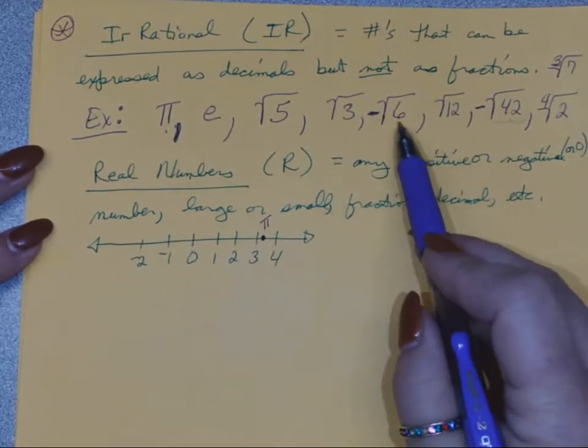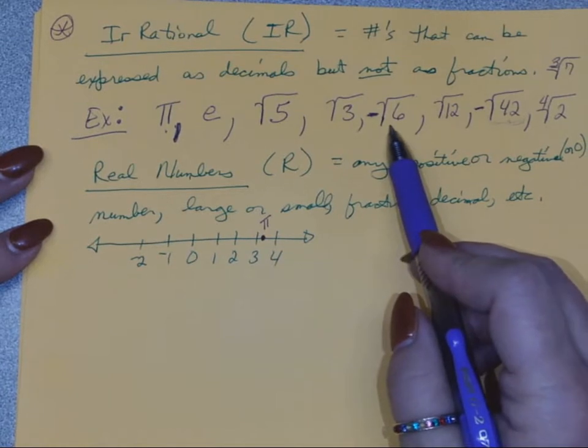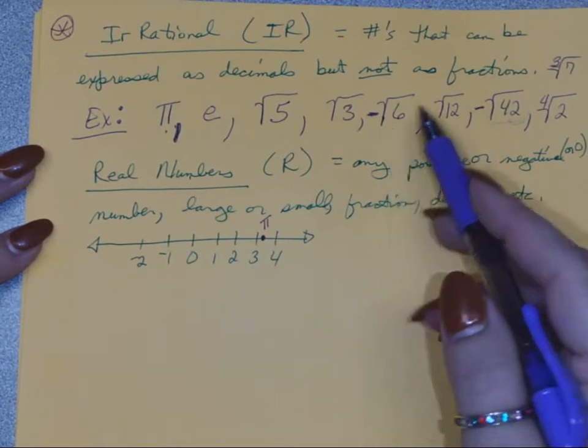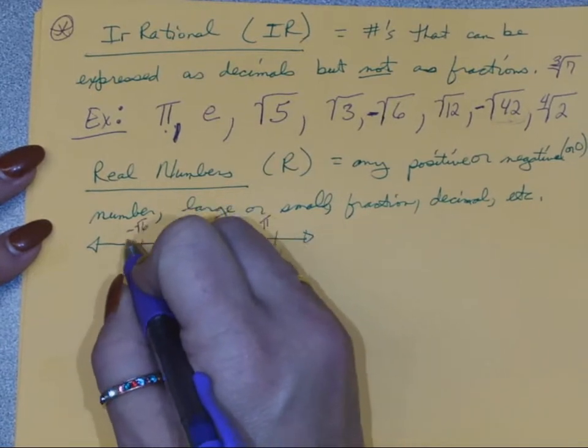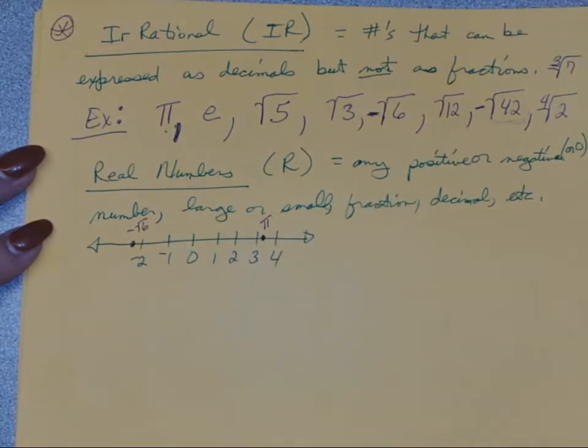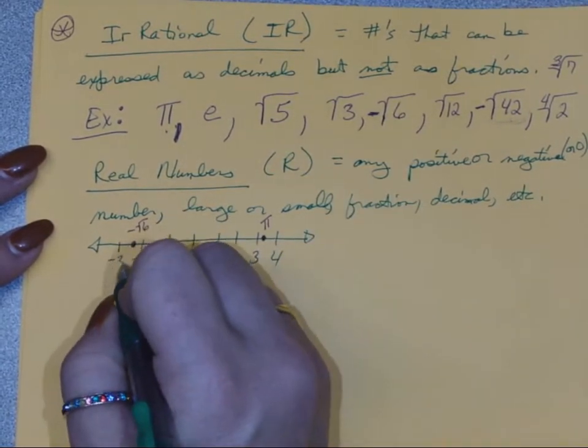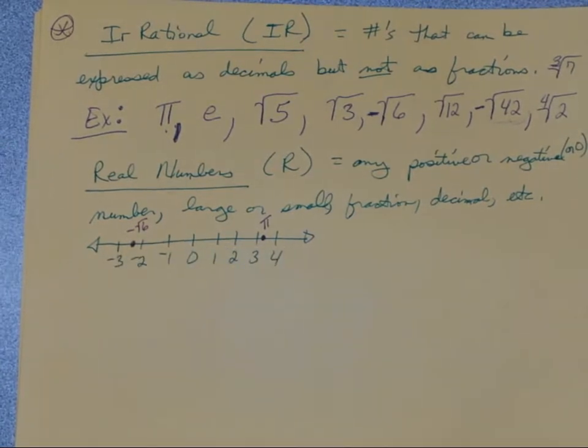If I know that the negative square root of 6 is about negative 2 point something, then I can put a point out here somewhere and say that that's about the negative square root of 6 right there. So I can give him a place on that real number line. So anything that can be shown on the real number line, well, that's a real number. So it's all the stuff we've talked about so far, right? It's all encompassing. So that's kind of the way that works for me.